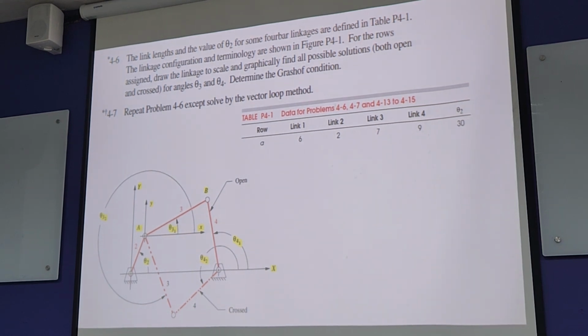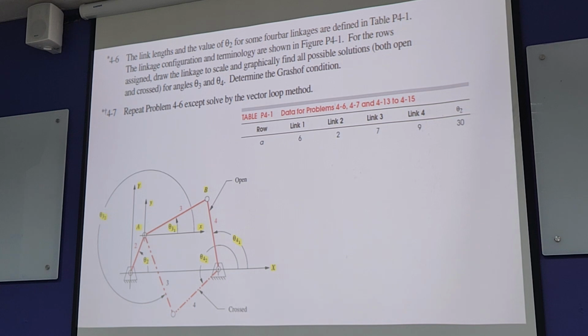So once you fix O to A, now put your protractor at A and measure the length of link 3, that is 7 units, then draw a semicircle.